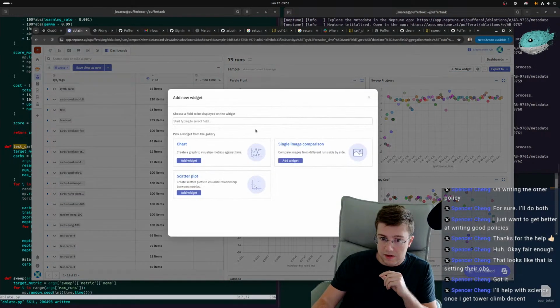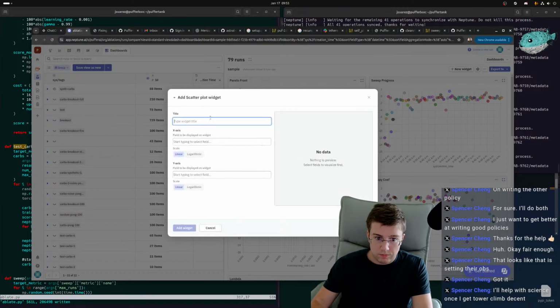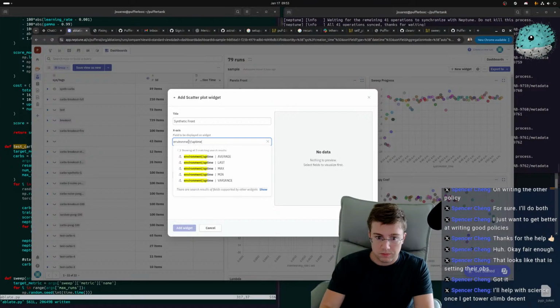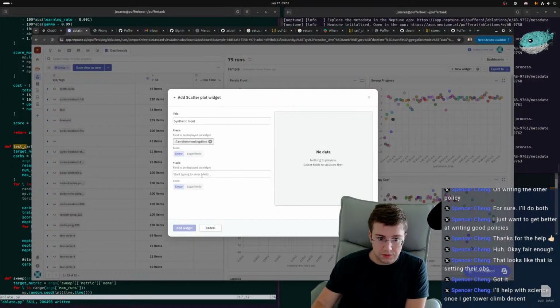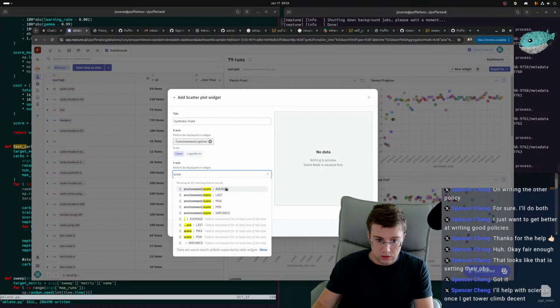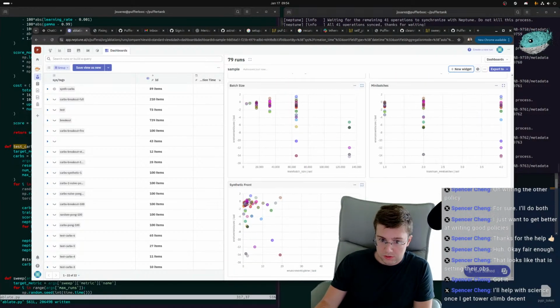Yeah, we need to add environment / uptime. Okay, so this is going to be last. Then y-axis is going to be 4. Okay, add widget. Okay, so here's our synthetic front.